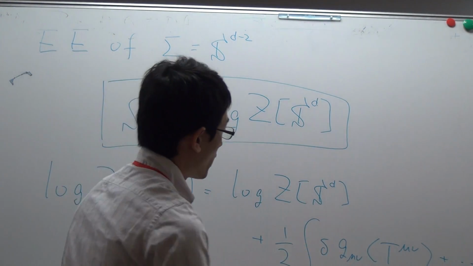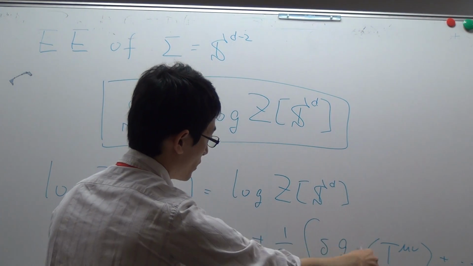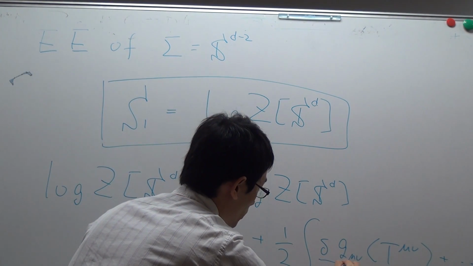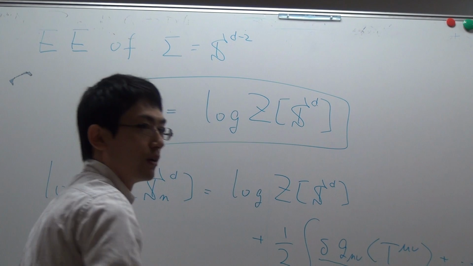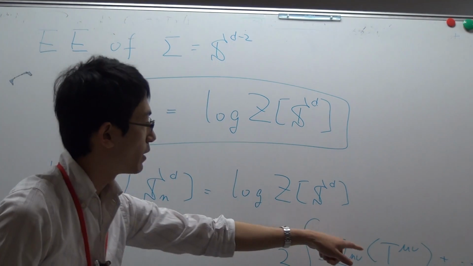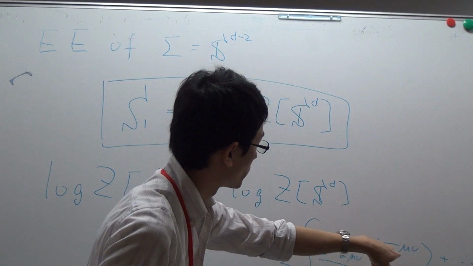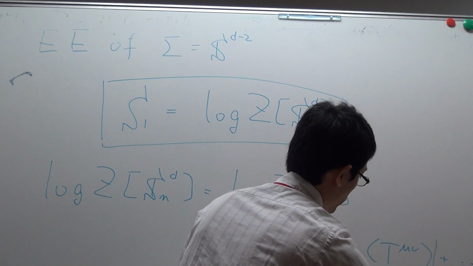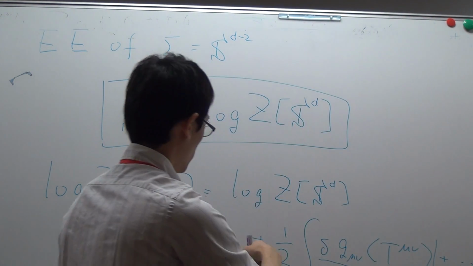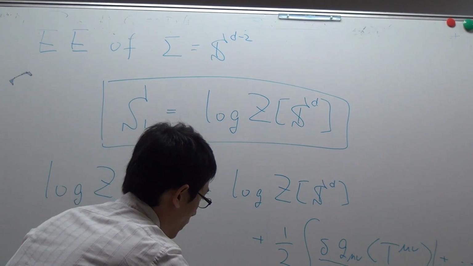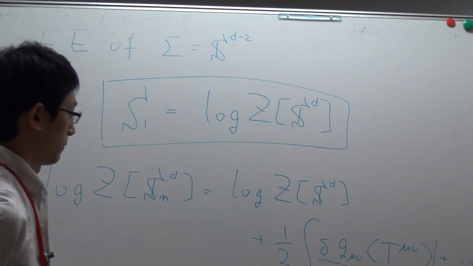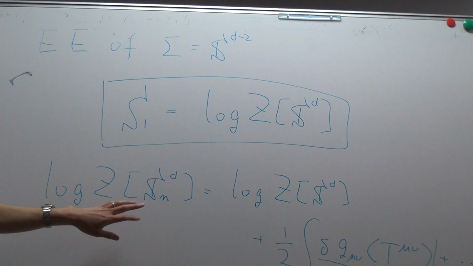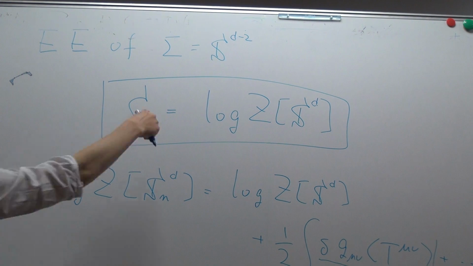I have a variation of the metric which describes the deformation of the sphere, but this should be proportional to n minus 1. And here we have the expectation value of the stress tensor, but for CFT, it should be 0. So it starts at order n minus 1 squared. Okay. So this doesn't contribute in the n goes to 1 limit. So that's why we get this form.